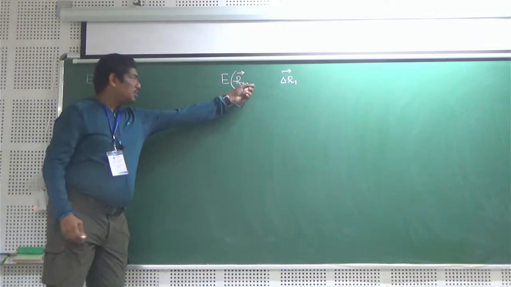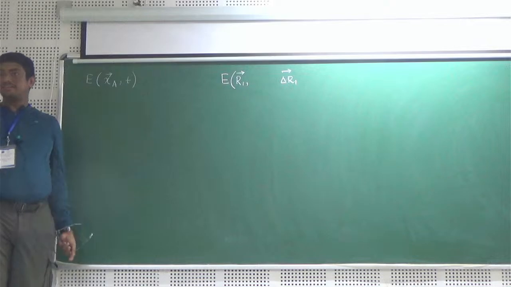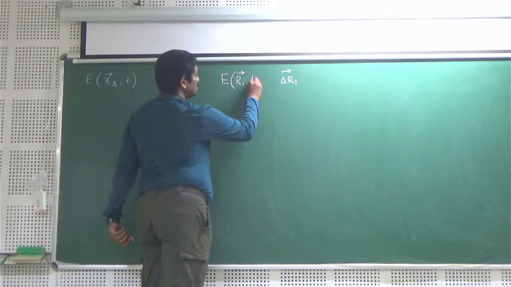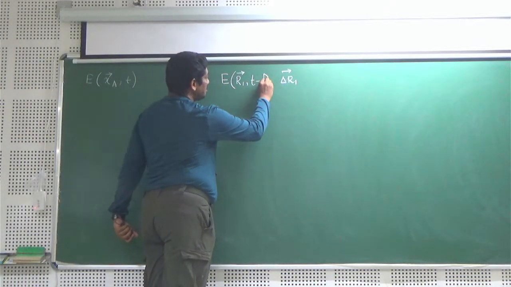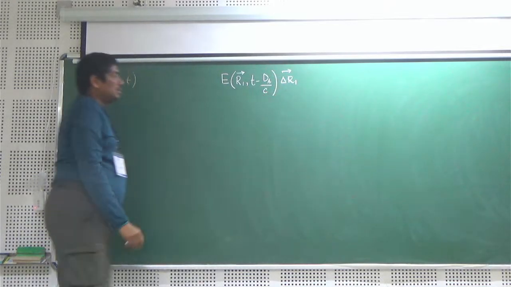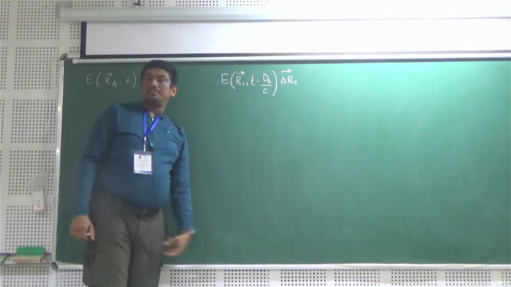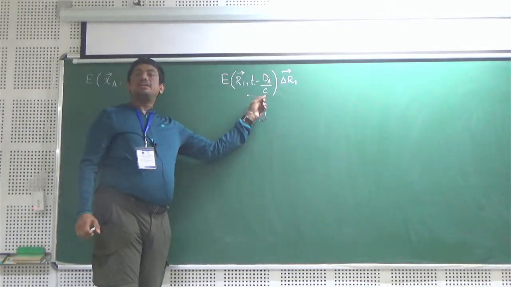But it cannot be at the same time at which it is detected. It must have originated earlier, right? So this should be t minus the distance between the antenna A and the place where it originated, divided by c. So this is the retarded electric field.